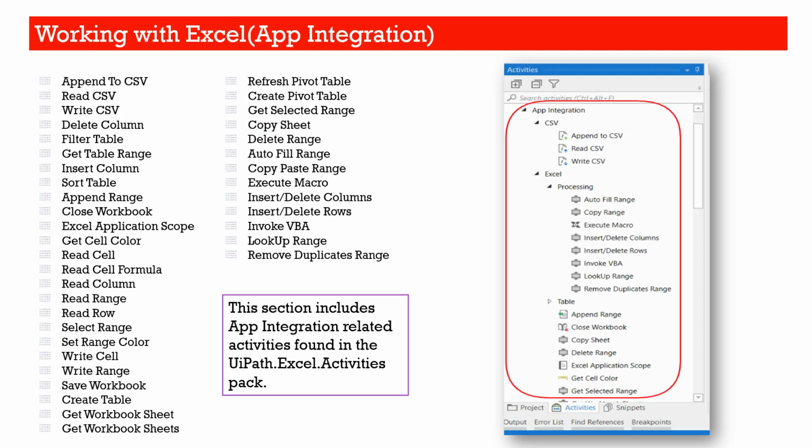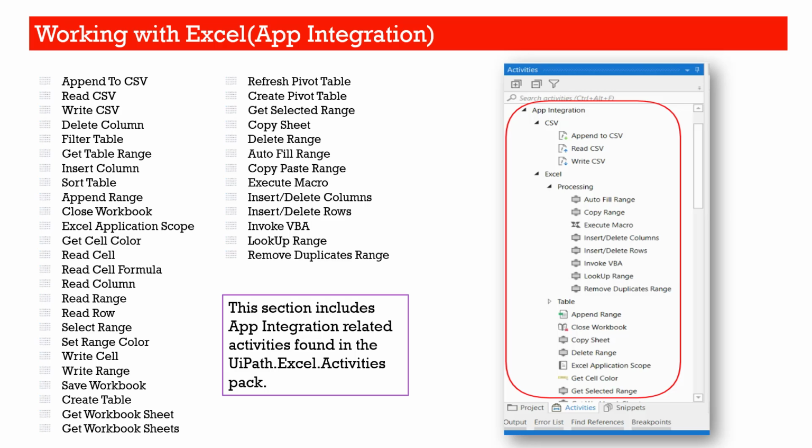So let's look at the activities we have available. You can look at these activities here. All of these activities require certain properties, and those properties are very common. For example, if you need to read a cell value, you need to provide the cell information. If you need to read a row, you need to provide which row you want to read.